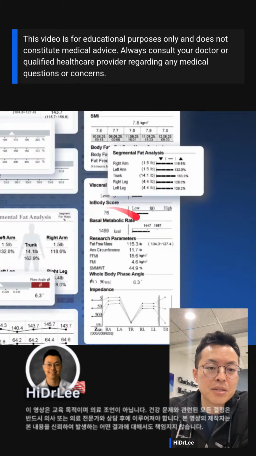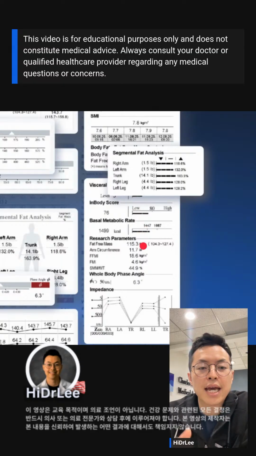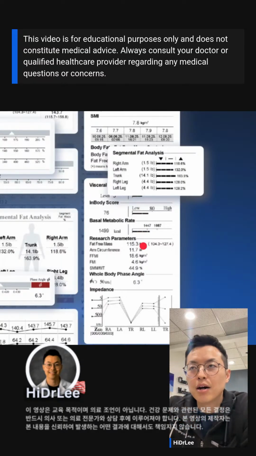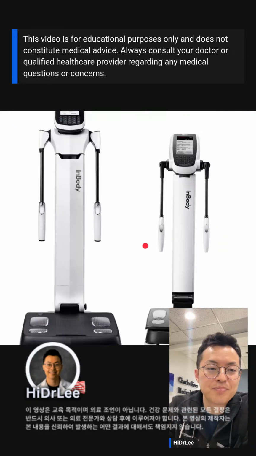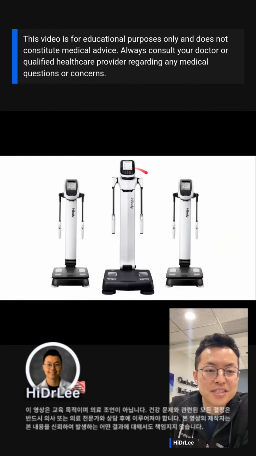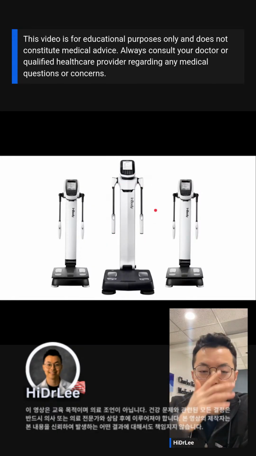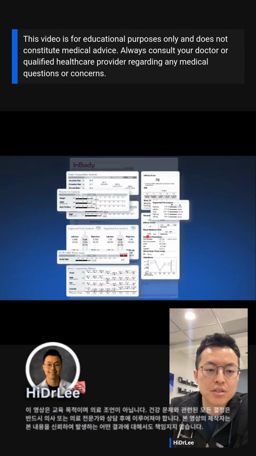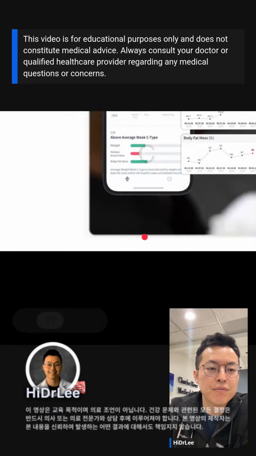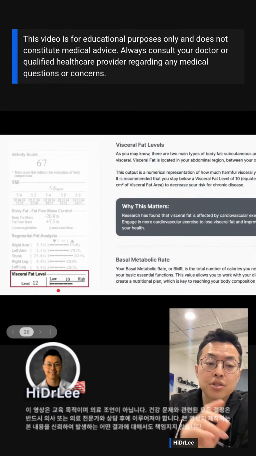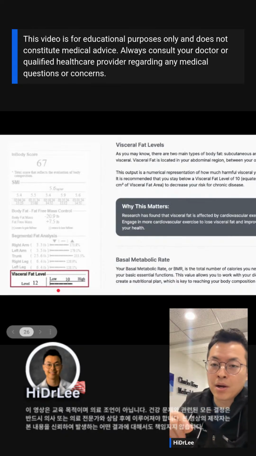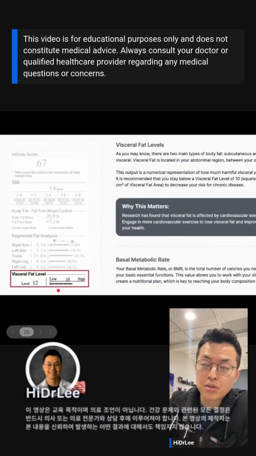We use basal metabolic rate to understand how much food will lead to weight loss or not, how many calories a day is the right target. And most importantly, this 380 model, a higher level model, allows us to measure something called visceral fat. So I just explained to you about the fat and where it could be. It could be under the skin.